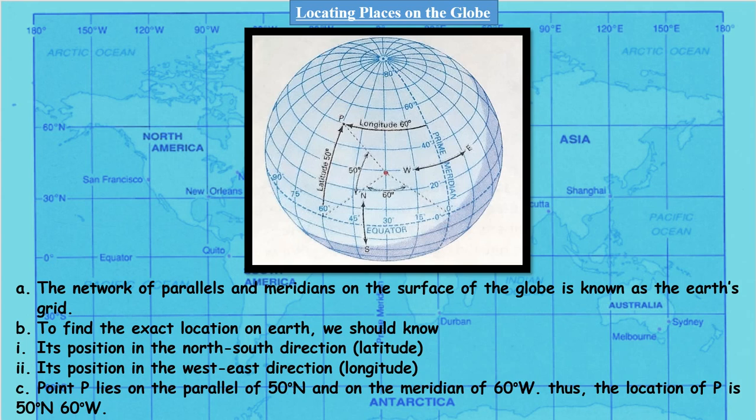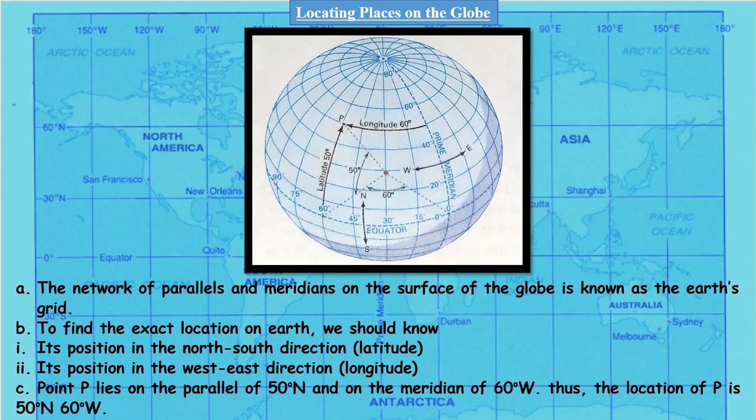As we have already read in our previous classes, the globe, which is the true representation of the earth, has two sets of circles. In one set, circles run from west to east and are parallel to the equator, hence called parallels.